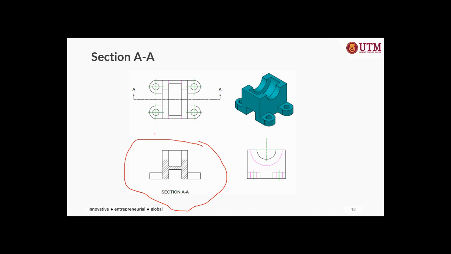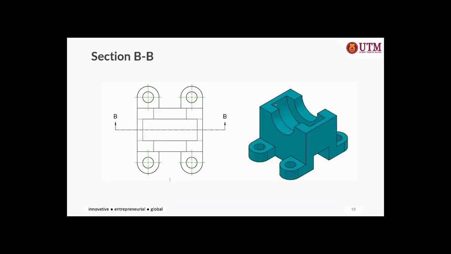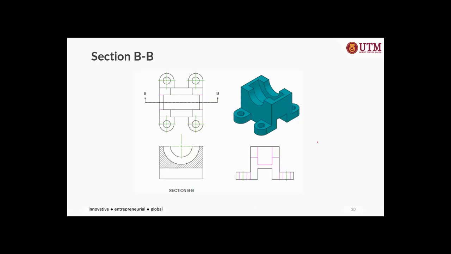But if we were to turn around the equipment and cut it from a different point of view, so if now we want to cut it from here, instead of from here just now, so I'm doing the cutting for BB here. We are cutting from here in the middle, and the resulting view will be such.